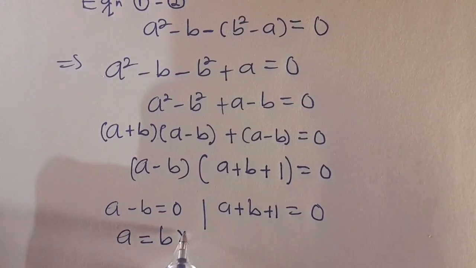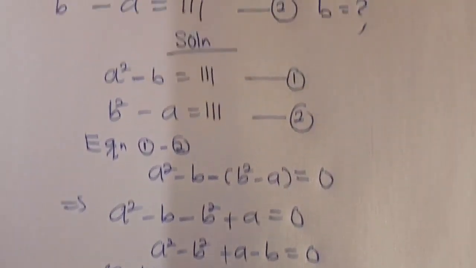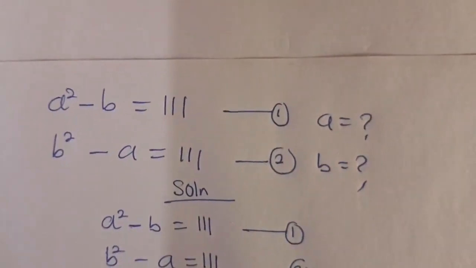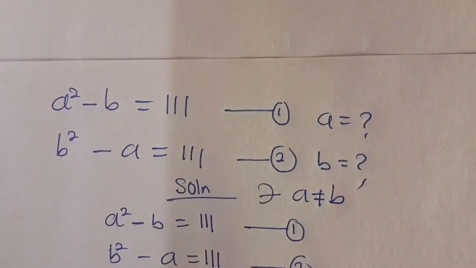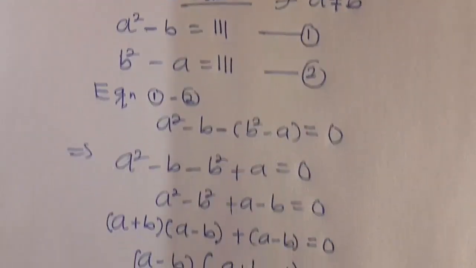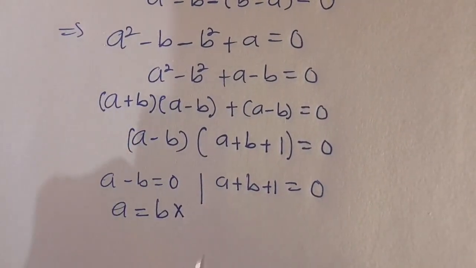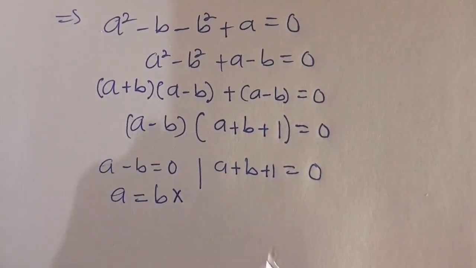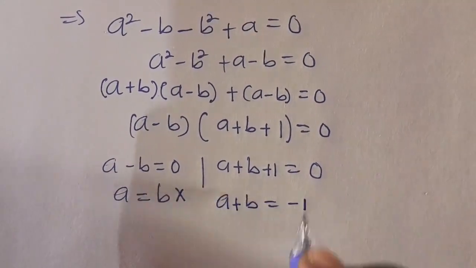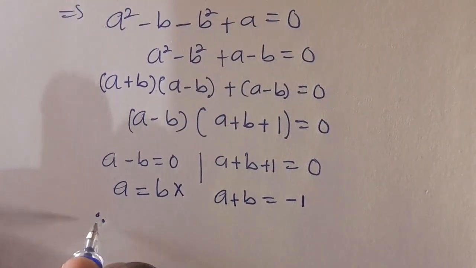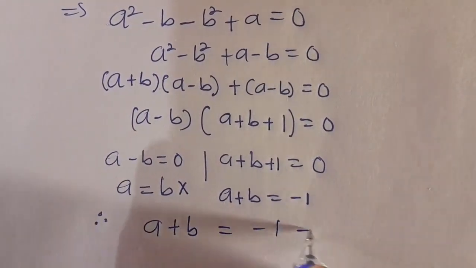We don't want a situation whereby a equals b, so we state clearly that a does not equal b. So we don't want this one. Now from here, we have a plus b equals minus 1. We name this a plus b equals minus 1 as equation 3.